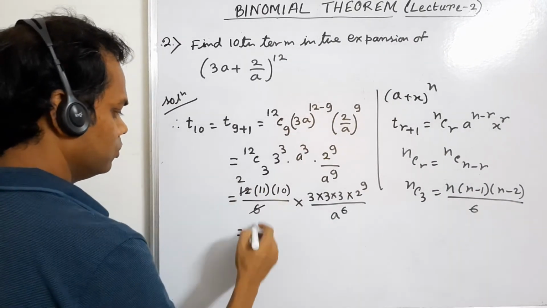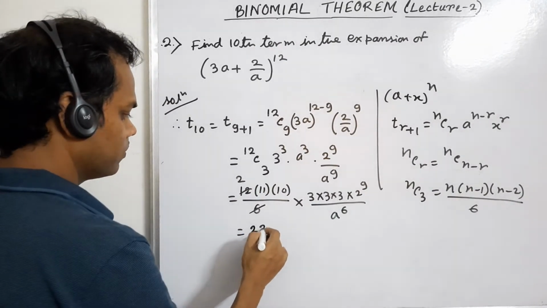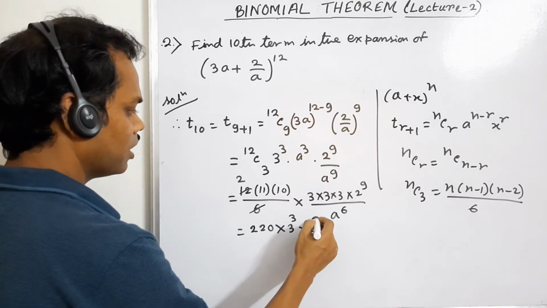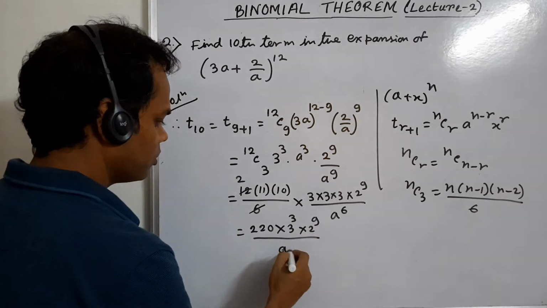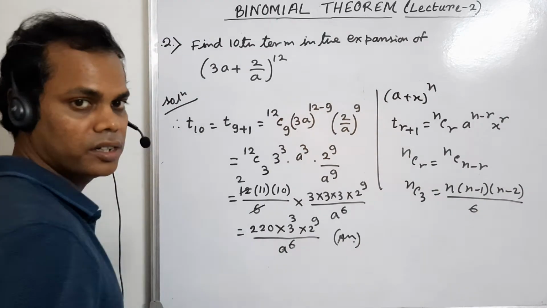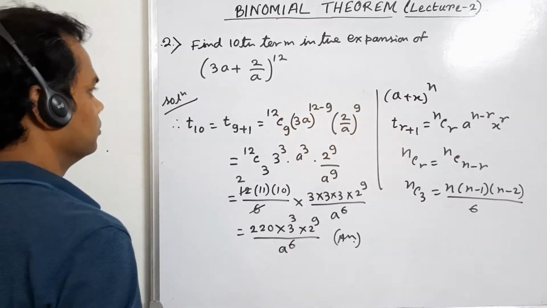So 2 into 11 is 22, that is 220, into 3 cube into 2 to the power 9 by a to the power 6. This is our final answer, or you can calculate the term.